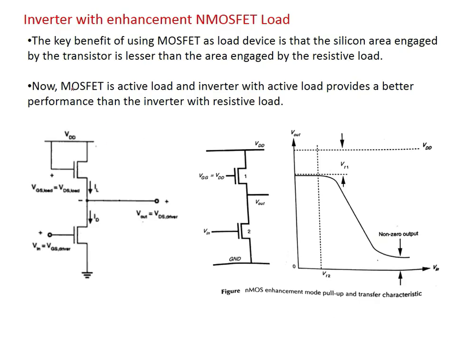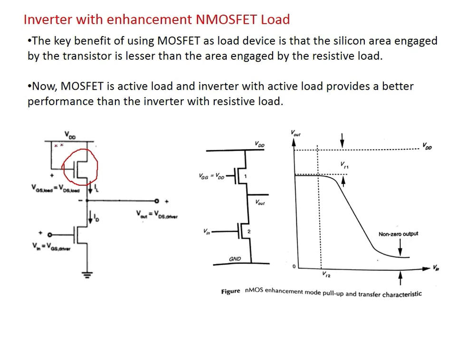Second one, inverter with enhancement mode NMOS. In this case, the depletion mode MOSFET is replaced by this enhancement mode MOSFET. Here the gate is connected to drain, and the gate is connected to supply voltage VDD.